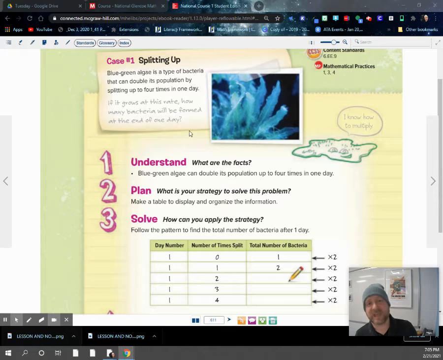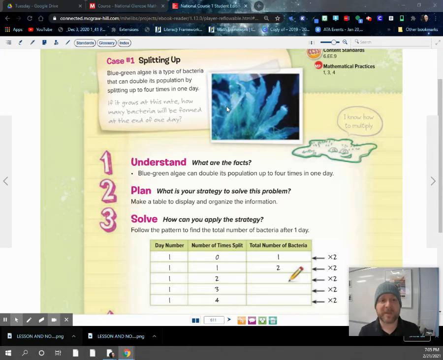So each of these will have a case, a real-world situation, and you're going to be dealing with the information. So case number 1 says splitting up. Blue-green algae is a type of bacteria that can double its population by splitting up to 4 times in one day. So this algae grows itself by splitting and basically doubling itself.